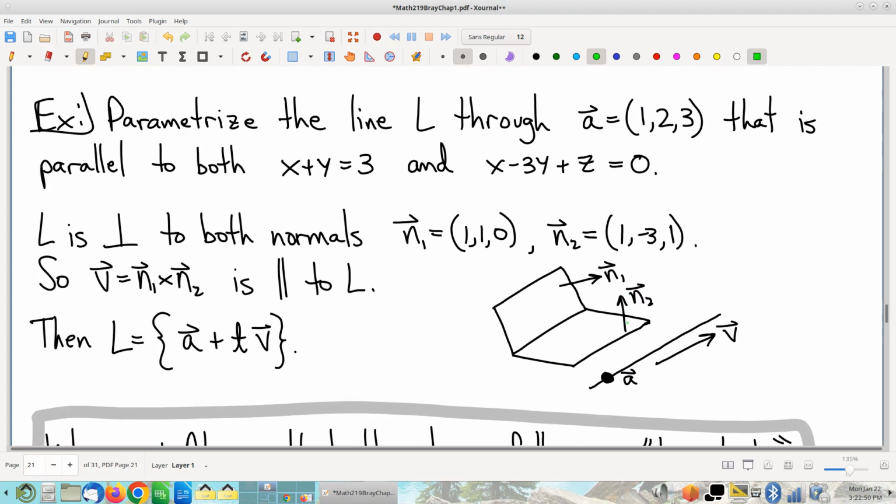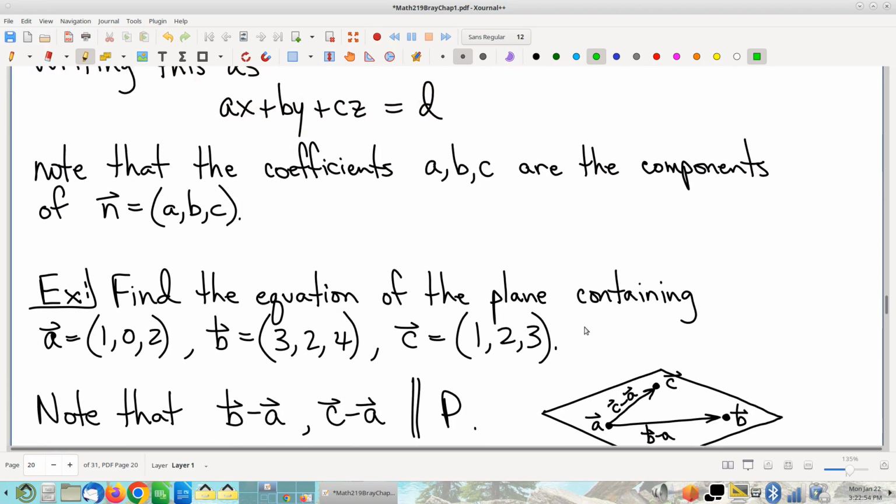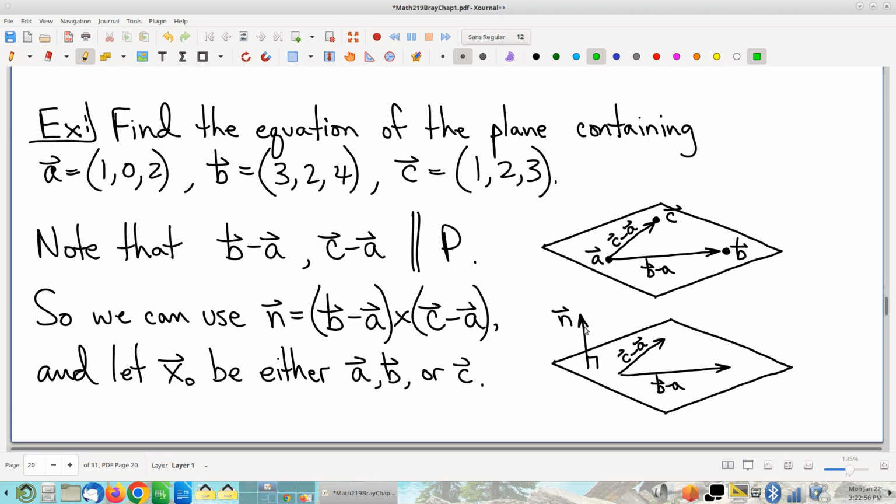This next one is another little puzzle. We've already done sort of one of these lines and planes puzzles. Last time, we talked about finding the equation of a plane given 3 points that the plane contains. And again, there's the puzzle aspect to it, trying to connect the dots in some sense, however you can.